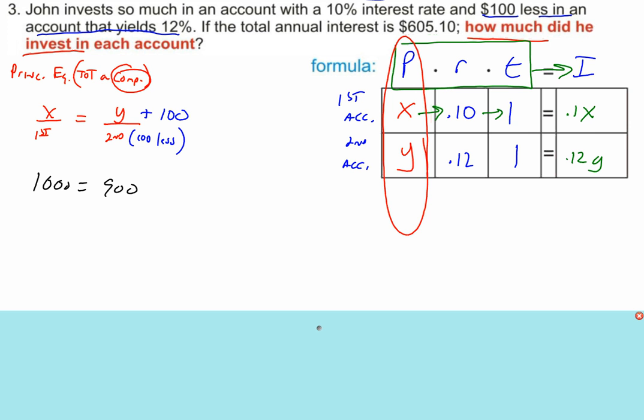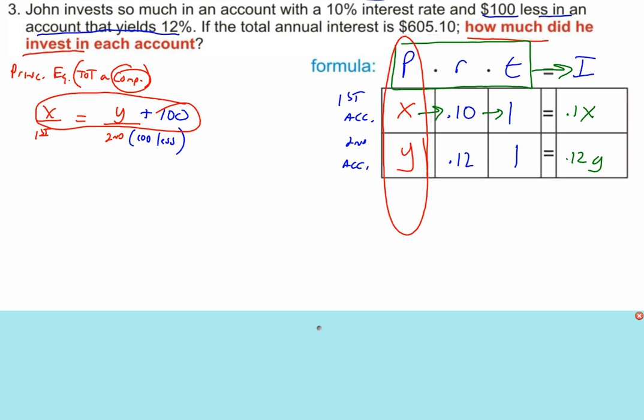How do I make 1,000 equal 900? I either add 100 to the 900 or I take away 100 from the 1,000, right? So if you can't figure out what to do, make a little example. Because everybody knows what 100 less is. Okay. That's good. We're good to go. I'm even going to circle that because that's already solved for X.